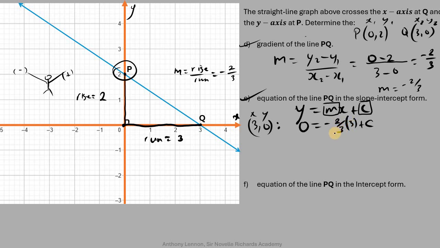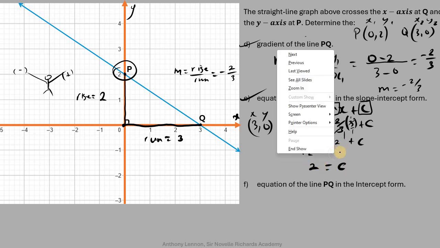Negative 2/3 of 3. 3 into 3 goes once, and 3 into 3 goes once. We cancel a denominator with a numerator, because 3 is really 3 over 1. Now this is going to be simplified as negative 2, since 3 cancels 3, so you're left with 1 times negative 2 is negative 2. And then you're going to add 2 to both sides to get rid of this 2 here, so that becomes c equals positive 2.